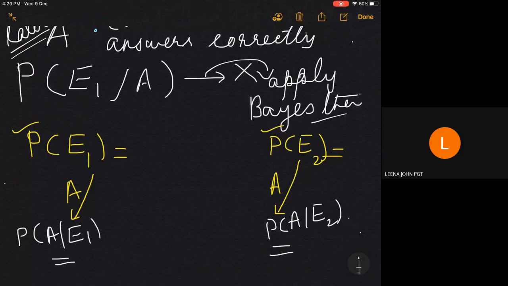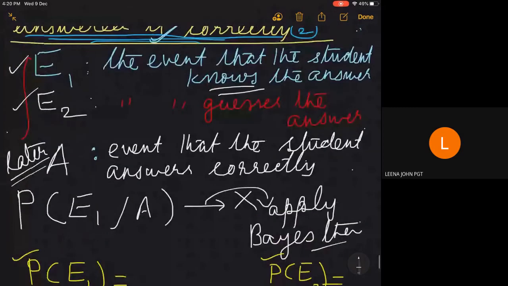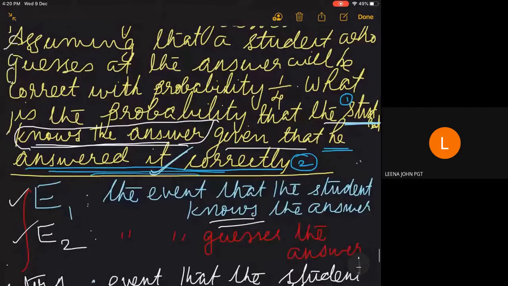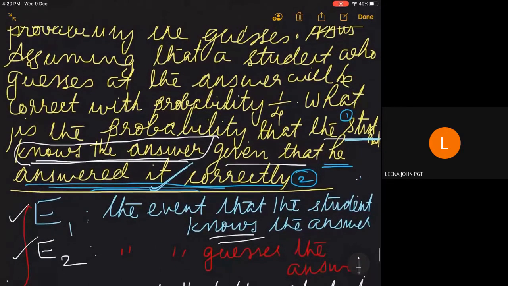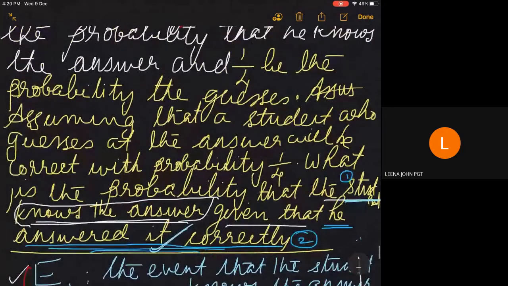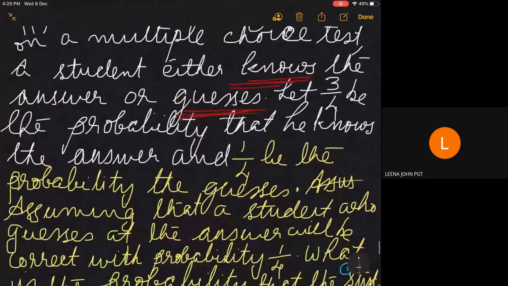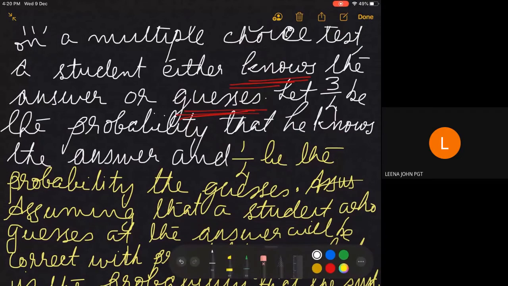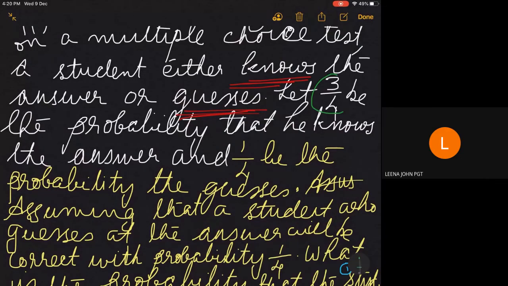Now after writing this, you can again read the question. What is P of E1? P of E1 means the probability that the student knows the answer. Is it given there? You have to read the question again for that. Assuming that, let 3 by 4 be the probability that he knows the answer, and 1 by 4 the probability that he guesses the answer.